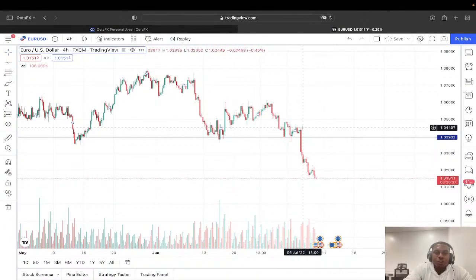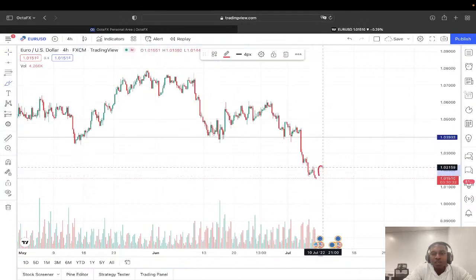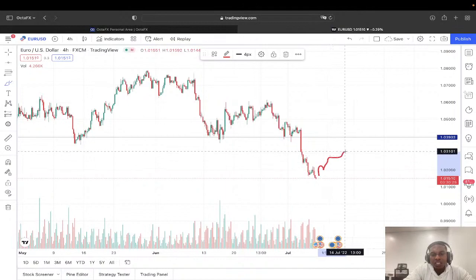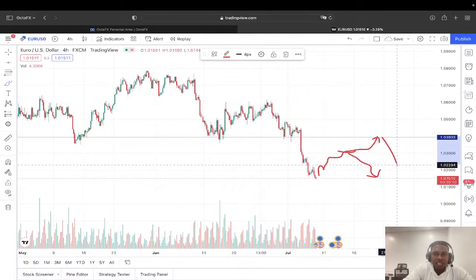So price might do a little rally to this level, or to this level. So it's either price does a little rally to this level and starts pulling back, or to this level before it starts pulling back.